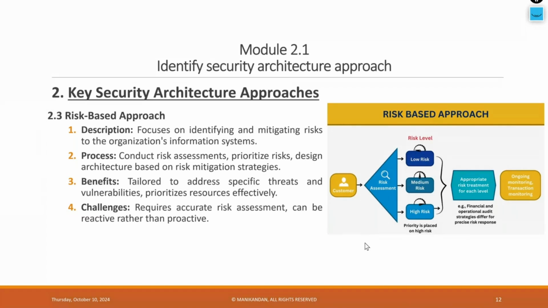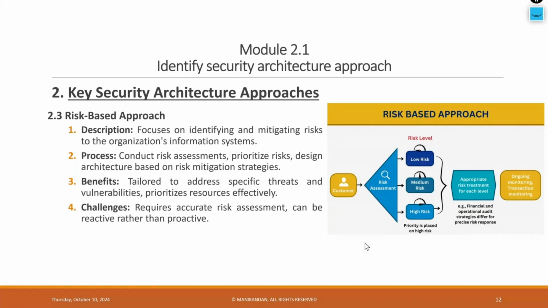Now obviously, after you implement controls, there will be some risk left. Once you have mitigated the risk, you need to again conduct a risk assessment of the residual risk to identify whether it is below the risk appetite level of your organization. If it is below your risk appetite level, you can go ahead and accept the risk.